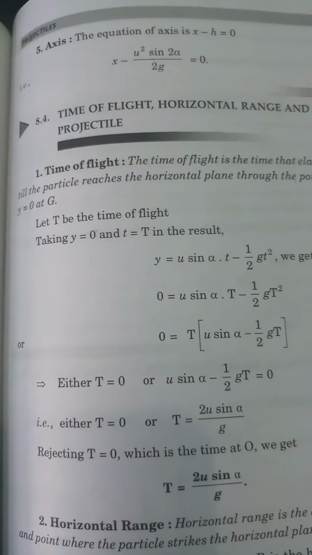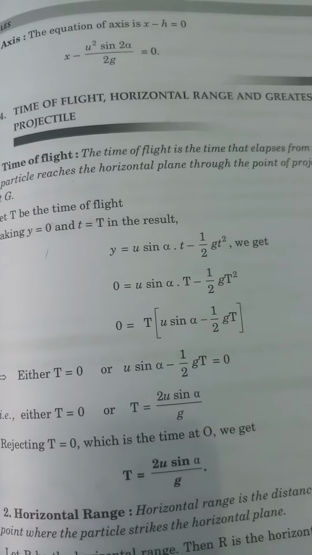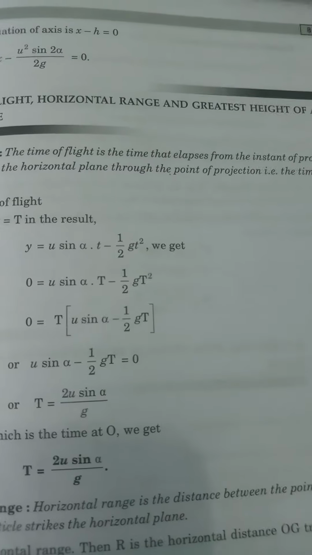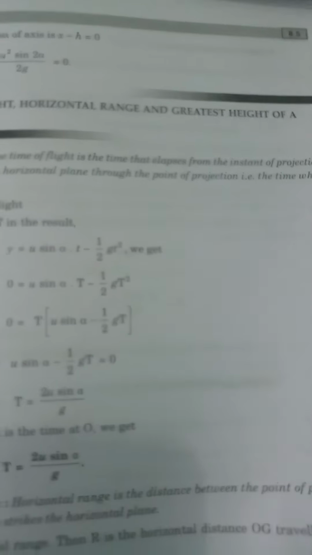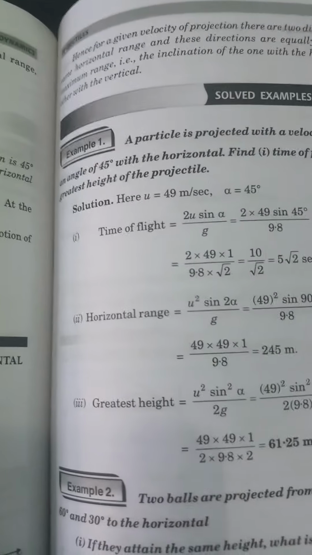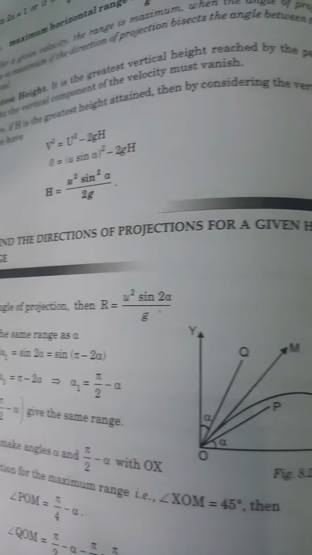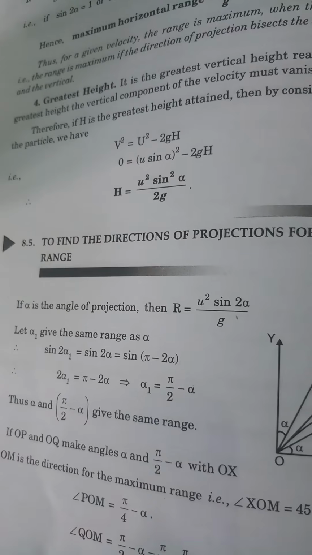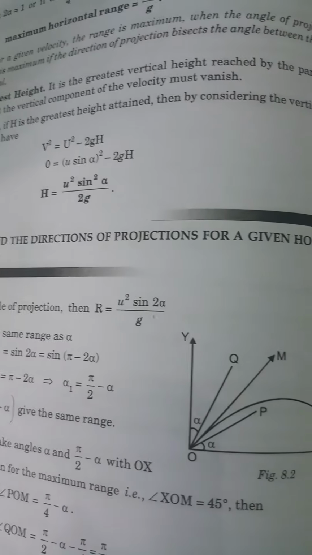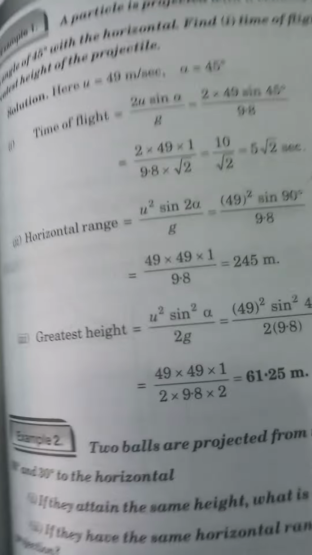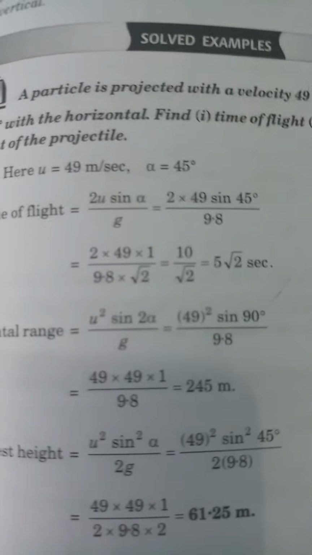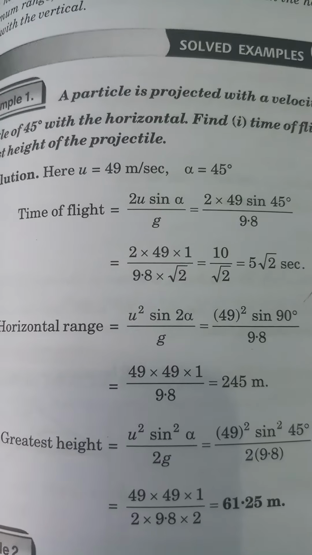We have already done time of flight, horizontal range, and greatest height of a projectile. Now we will find the direction of projection for a given horizontal range. Now we will do the questions based on projectile.